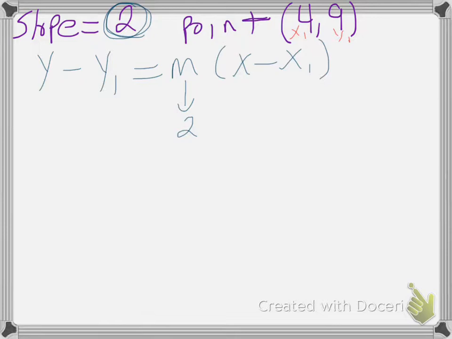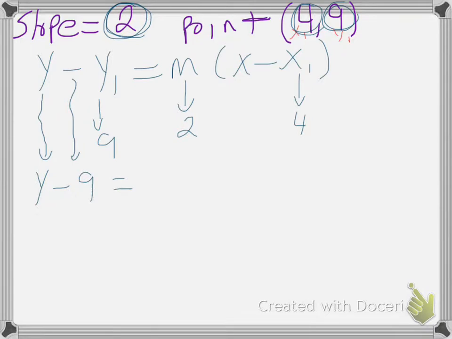So let's fix it. x1 is 4, the first number right here. y1 is the second number over here, which is 9. And then we just write everything down. Bring down the y. So y. Bring down the minus sign. Minus. And then you know it's 9 equals. Bring down the 2. Bring down the parentheses.